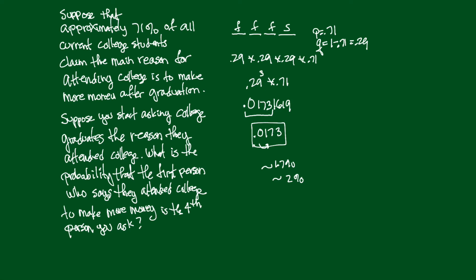We all go out and we start asking people, why'd you go to college? How many of us would get the fourth person, exactly the fourth person, saying they went to get more money after graduation? It's going to be 173 out of 10,000. So if there's 10,000 of us asking, about 173 would get the fourth person saying they went to college for that reason.